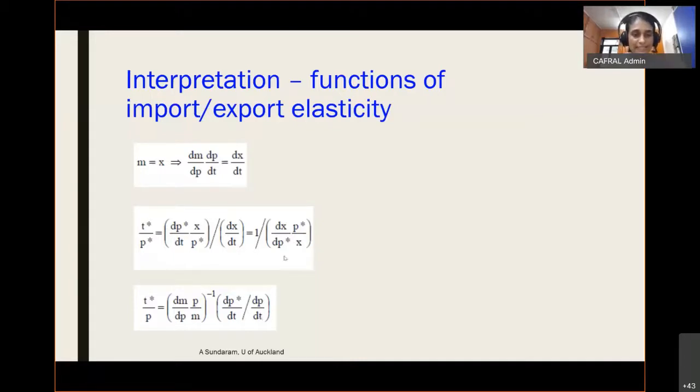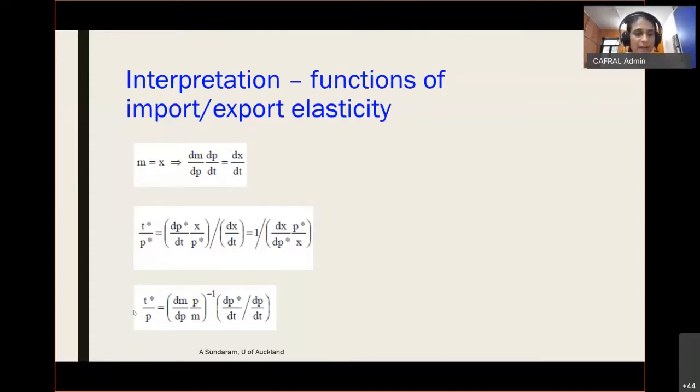In the second equation, what we have shown is that the optimal tariff is an inverse function of the elasticity of export supply. So dX over dP star, P star over X, that's just the export elasticity. So the optimal tariff is a function of the export elasticity.